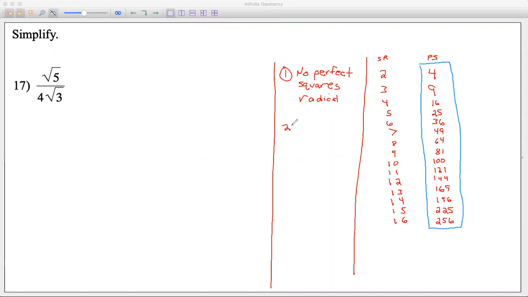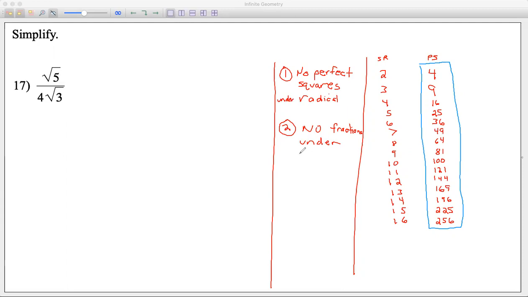All right, number 2, no fractions underneath radical. I left off the word under on this one as well too.